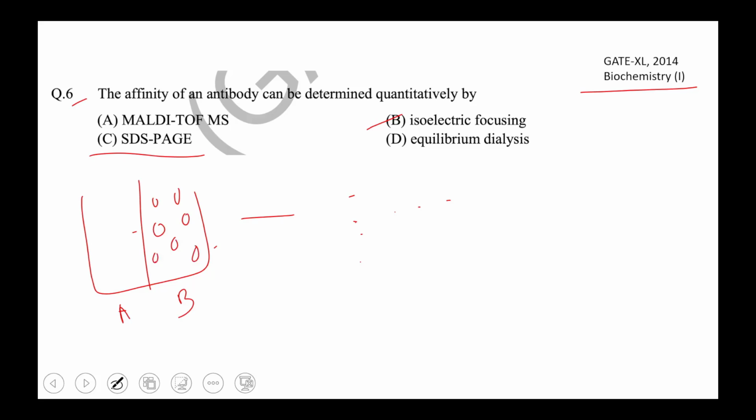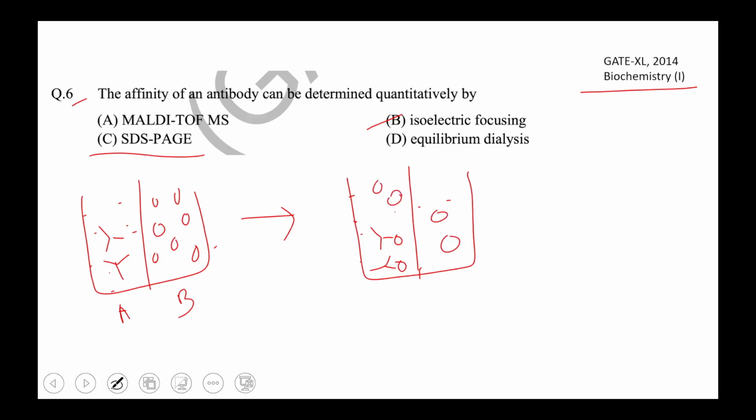Here, in a practical way, I'll show that if 6 molecules are given, and suppose 2 antibody molecules are added here. After the dialysis, these 2 antibodies will form a complex with 2 antigen molecules, and the remaining antigen will be equilibrated. Now if you take both sides and detect the free antigen, you will see 2 and 2.